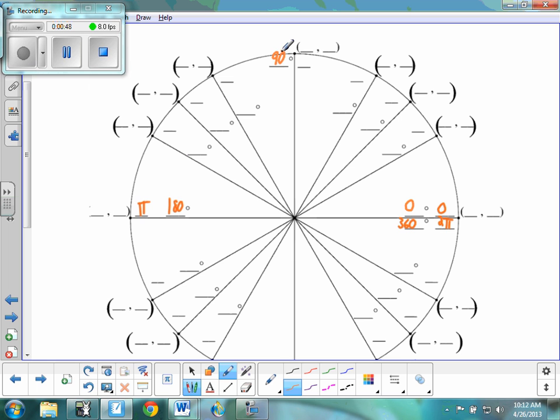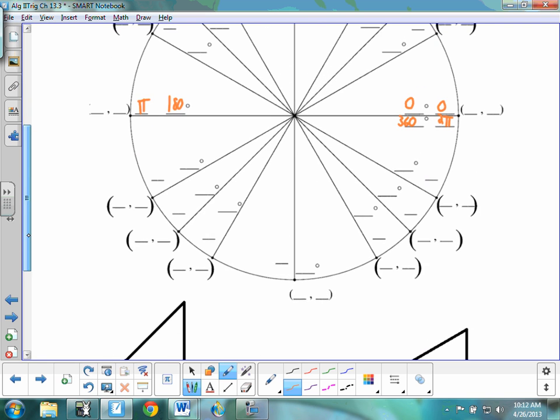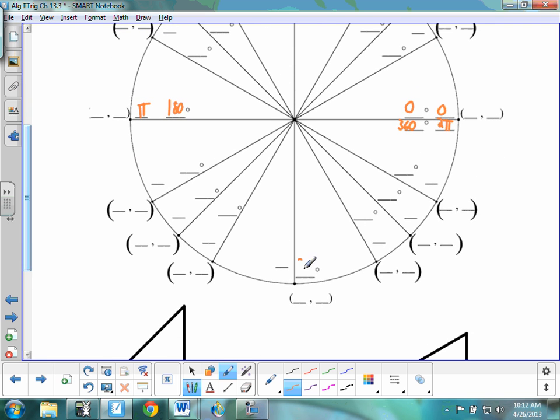Here's 90 degrees, and here's pi over 2 radians. Let me turn that little line into a fraction bar. And down here at the bottom, we talked about this being 270 degrees and 3 pi over 2 radians.